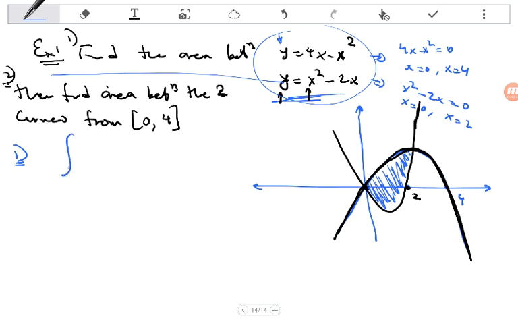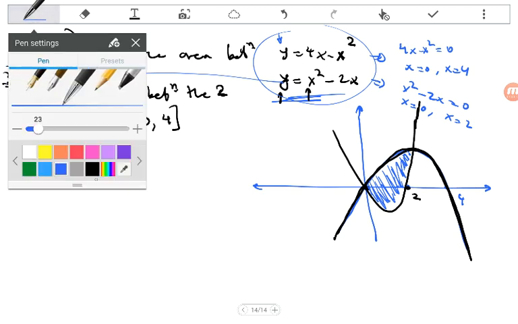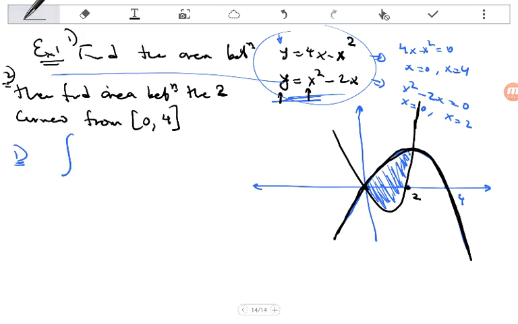It will be an integration. What strip is more convenient here, a horizontal strip or a vertical strip? If I had a horizontal strip, the strip would change and I would separate the area into these two parts. So a better choice is to make it a vertical strip like this.